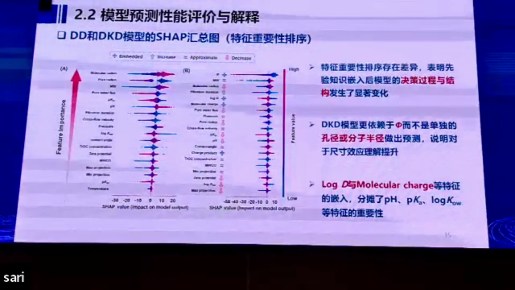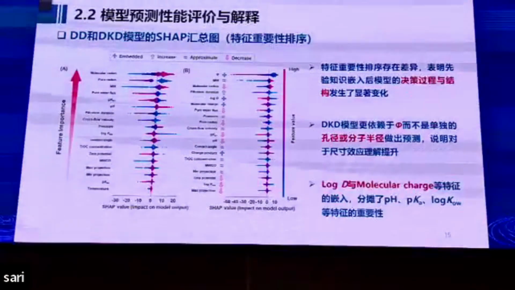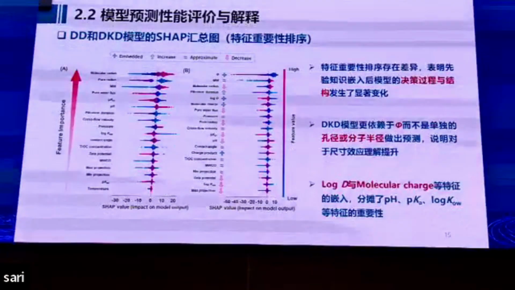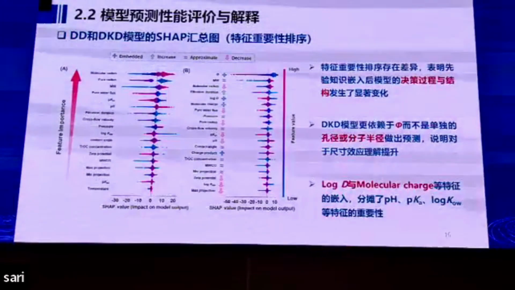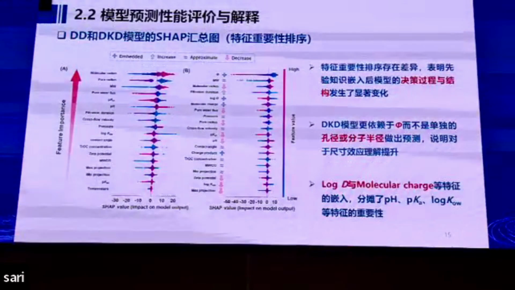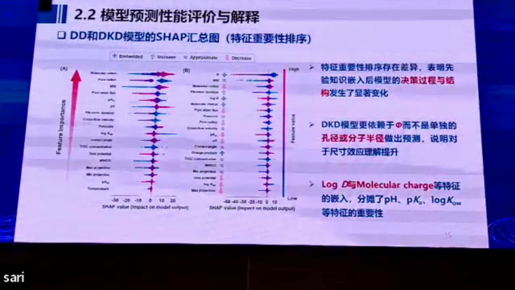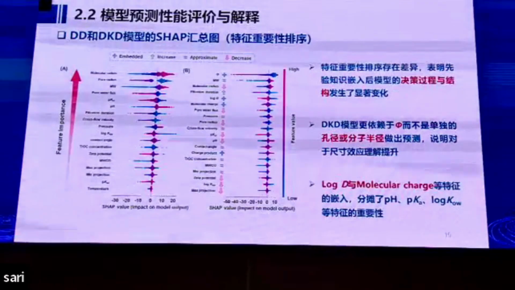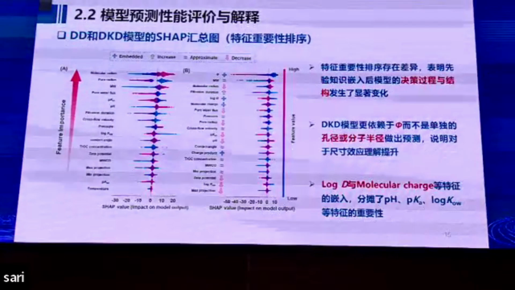In this figure, you can see that for the DKD model, phi plays a more important role than the molecular weight and the pore size of the membrane. It means the machine thinks that phi plays a more important role than the size of the micropollutants and the pore size of the membranes in the rejection of micropollutants.